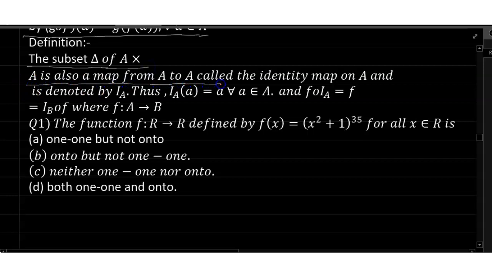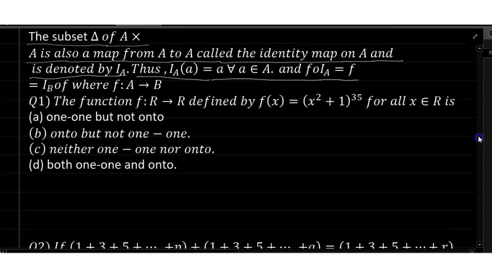If A to A, it is called the identity map on A, denoted by IA. Thus IA equals a, where a belongs to capital A, and F composed IA equals F.